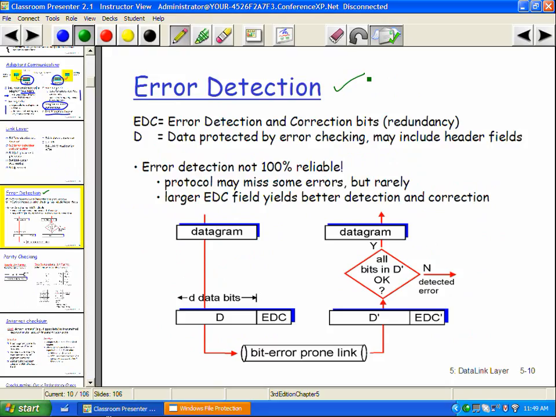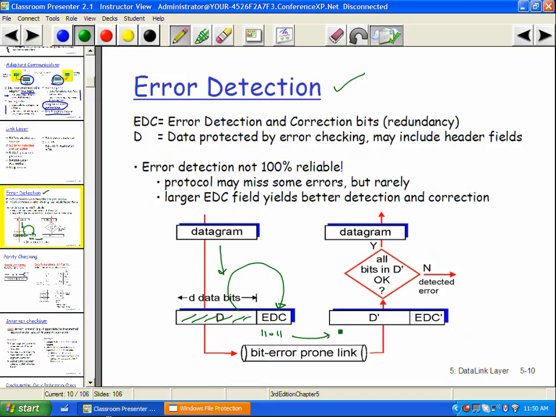So the basic idea is very straightforward for all error detection schemes. You have a datagram that comes in from the IP layer to the link layer. This is the original datagram, and from the datagram you compute error detection and correction bits. So you put a couple of new bits that are computed from the original data.